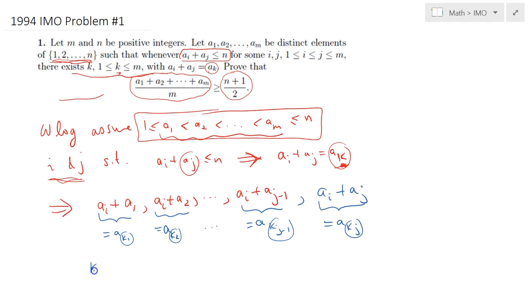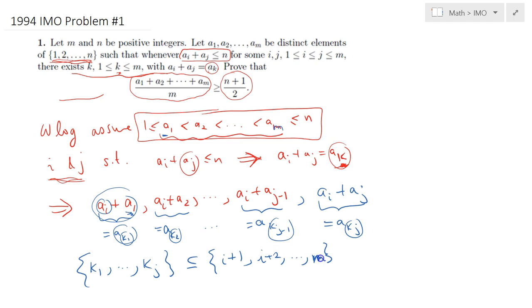So these indices k_1 all the way to k_j happen to be a subset of the set. Obviously a_{k_1} is greater than a_i itself, because a_1 is greater than or equal to 1. So therefore these are all a subset of i+1, i+2 up to m.